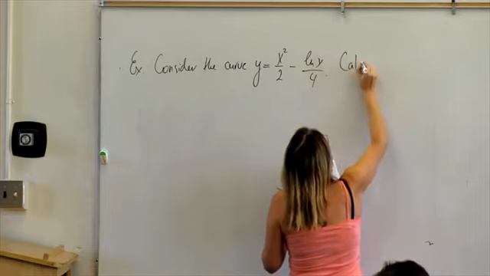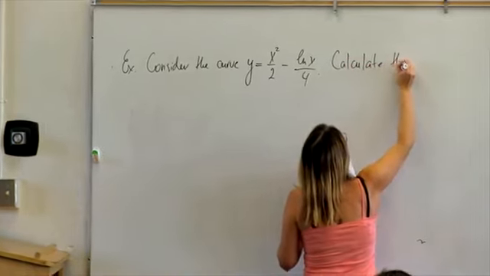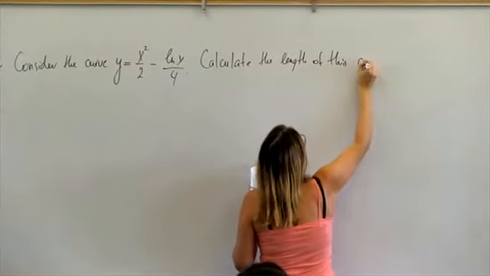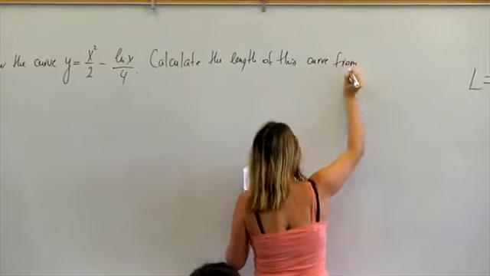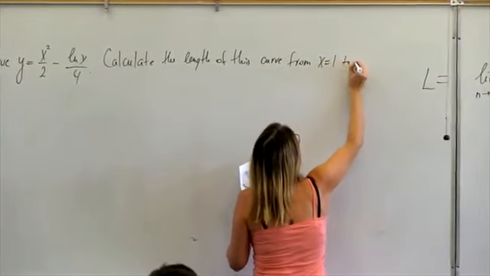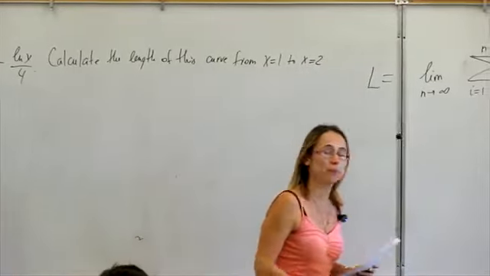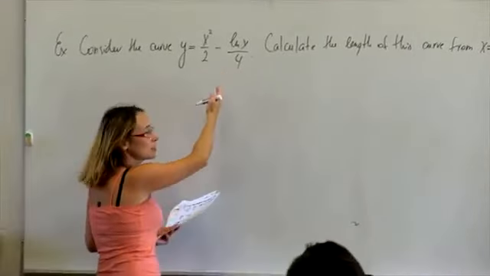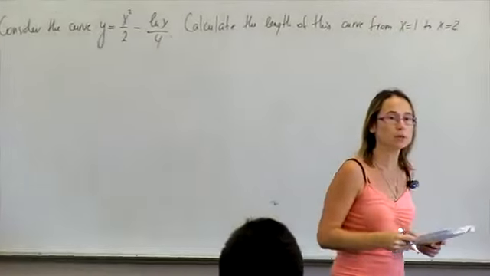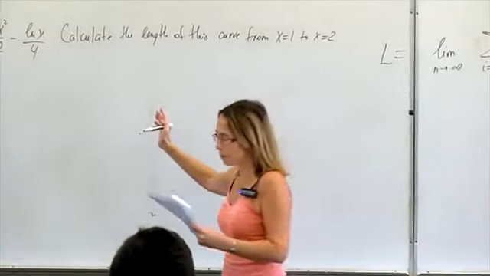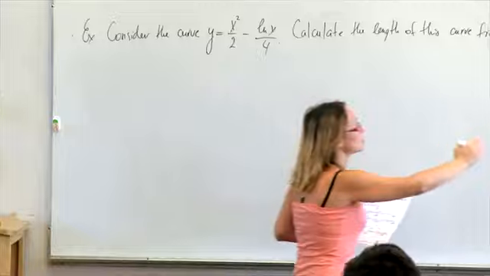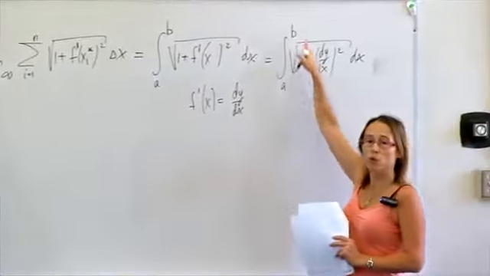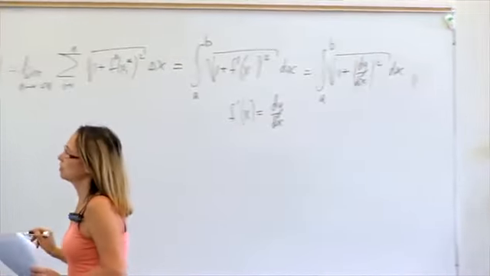Calculate the length of this curve from x equals 1 to x equals 2. Okay? So we can draw this function or not. In this case, you can see that it's a regular function. It's continuous. It has a continuous derivative. Everything is fine. We are going to apply this formula to calculate the length. So a is 1, b is 2. These are the given values of the variable x.